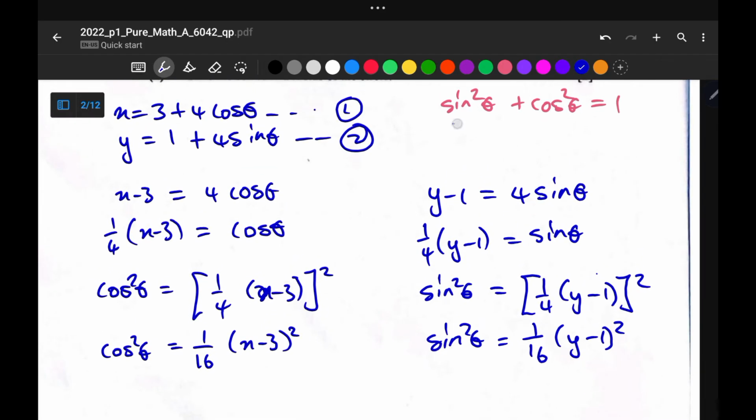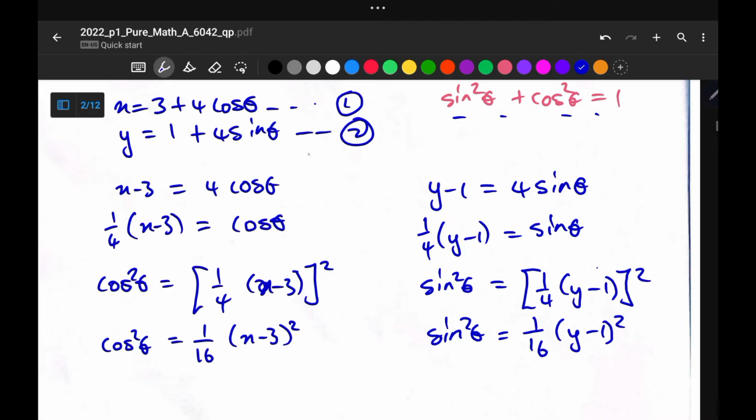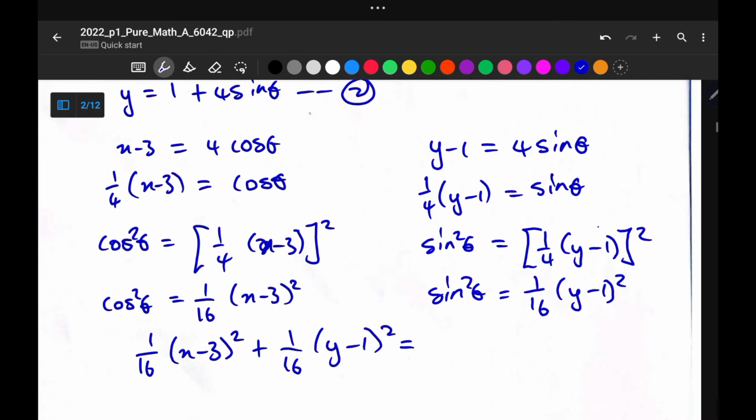So we can simply use our identity here. Cosine squared theta is equal to 1 over 16 times (x minus 3) squared, and sine squared theta is equal to 1 over 16 times (y minus 1) squared. We can now add these two values to say it is now 1 over 16 times (x minus 3) squared plus 1 over 16 times (y minus 1) squared, and it is equal to 1.